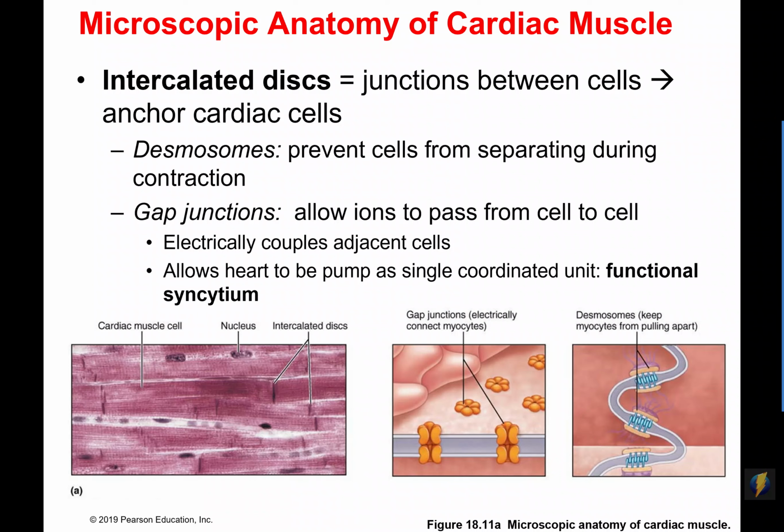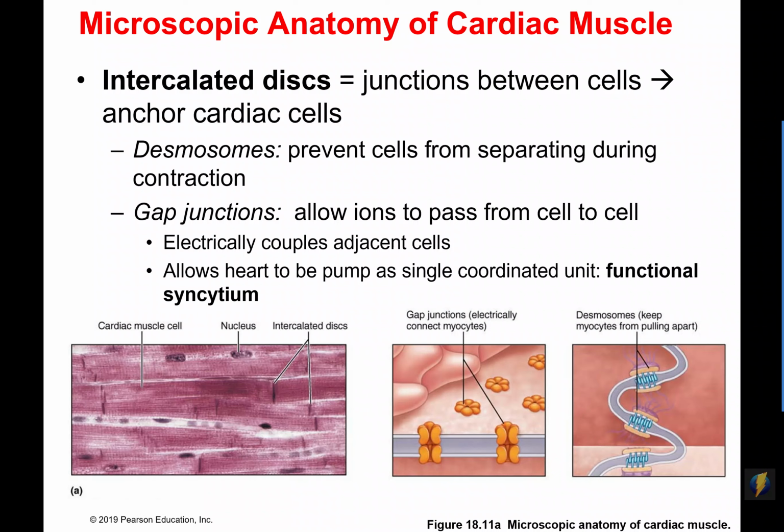The desmosomes, which are kind of spot weld, kind of Velcro-y type junction, they prevent the heart muscles from separating. Again, heart muscles are constantly contracting and relaxing. They're under a lot of mechanical stress. We do not want the heart muscle cells to separate from each other. And so we'll see these desmosomes, these little linker proteins, keeping the cells knit together.